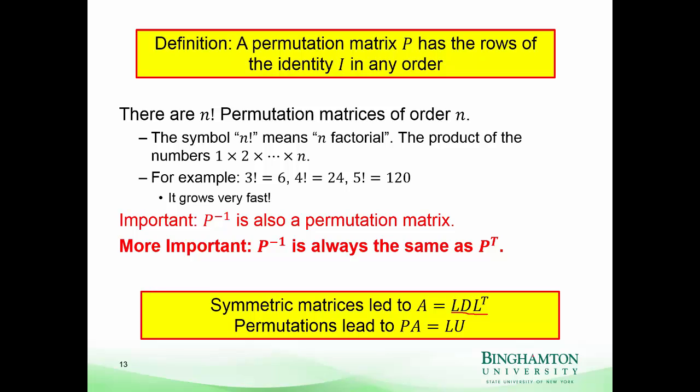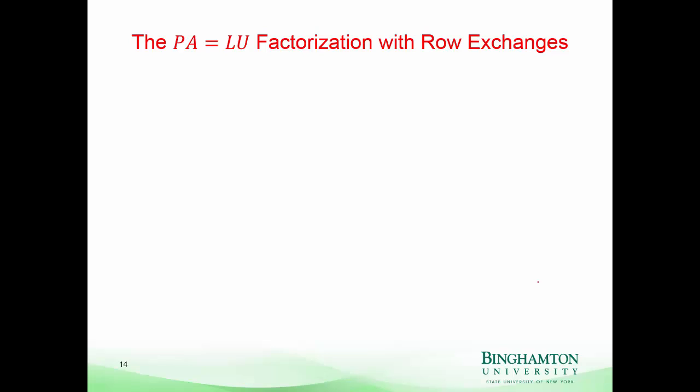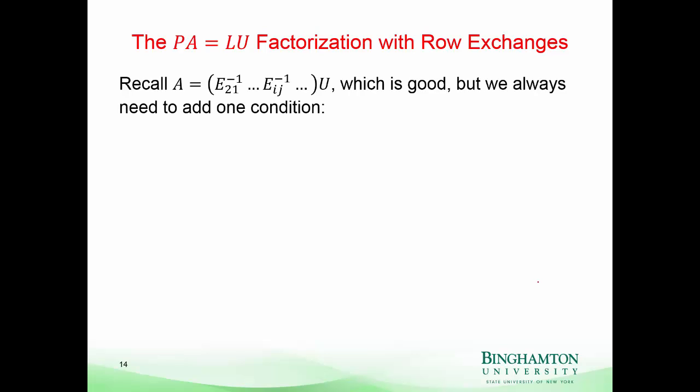Sometimes, in order to make it work, as we've seen for elimination, we need to include the effect of permutations. So we're going to focus on applying a permutation to A first, and then being able to decompose that into LU. So this is LU factorization with row exchanges.